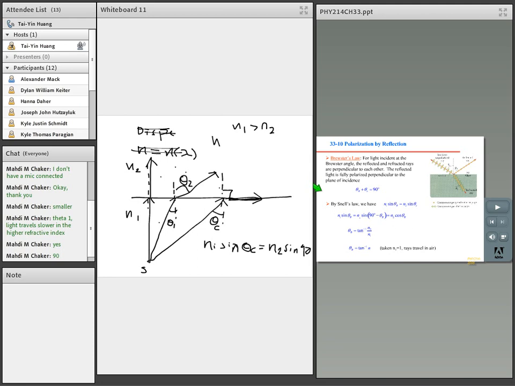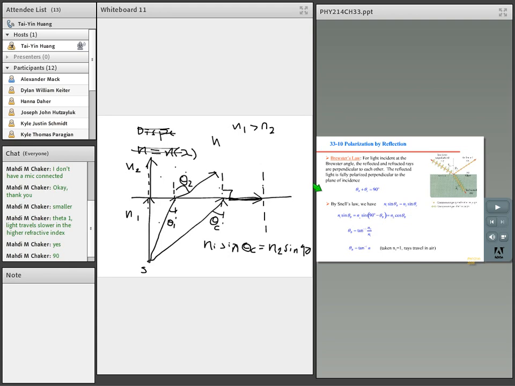In addition to that, let's look at another case. We find that when the angle of incidence is equal to the critical angle, the refracted ray is propagating along the interface. What will happen if we have a scenario where the angle of incidence is even greater than the critical angle?